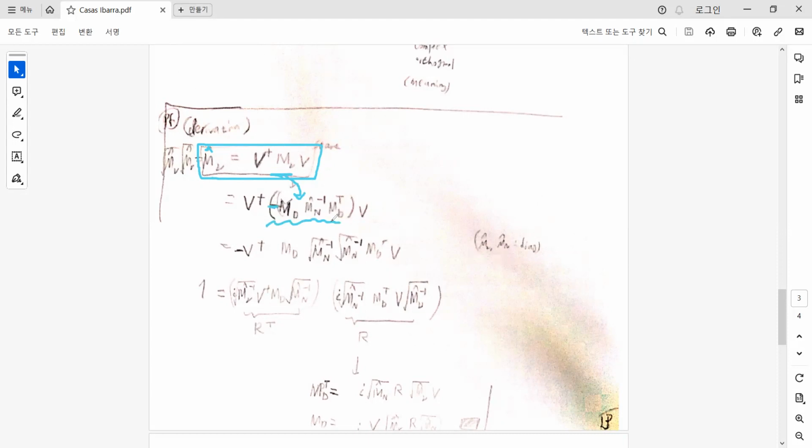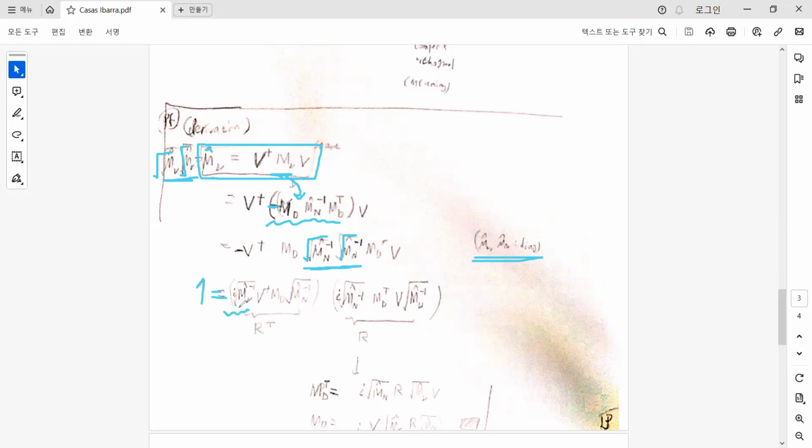Because the heavy neutrino mass matrix is already diagonalized, we can decompose it with the root of M_N, root of M_N. Also, on the left-hand side, M nu is also diagonalized. It's the root of M nu and root of M nu, and it can go to the right-hand side, so only the ones remain on the left-hand side.